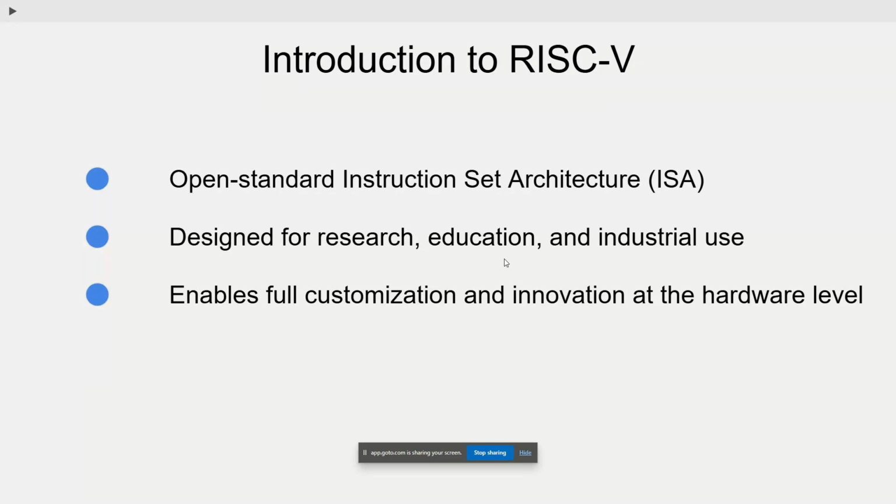Even if it is a simple microcontroller architecture, I have to get a license from ARM, and I have to pay royalty for every IC I produce out of this ARM. But with RISC-V, it is an open standard. You can take this repository of the instruction set architecture defined by RISC-V and build your own RISC-V processor. Here you need not pay any royalty when you produce multiple ICs.